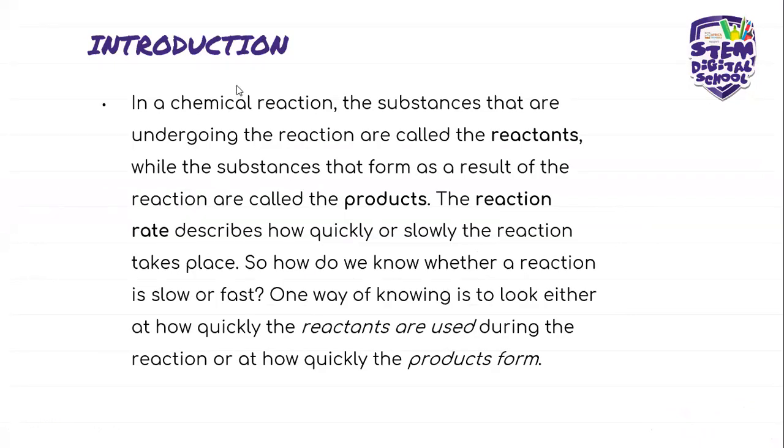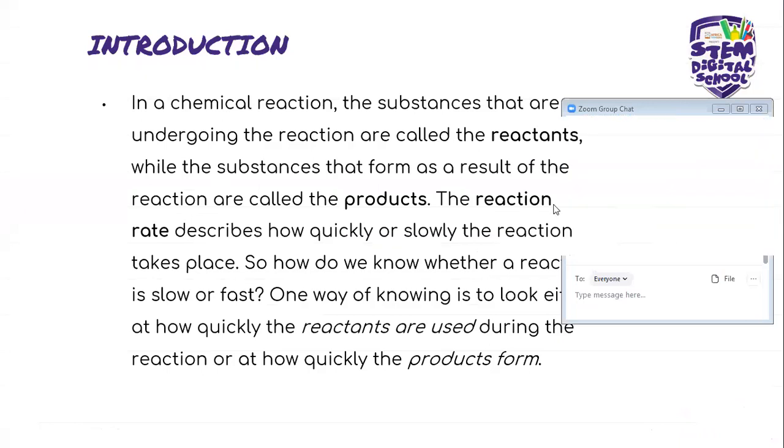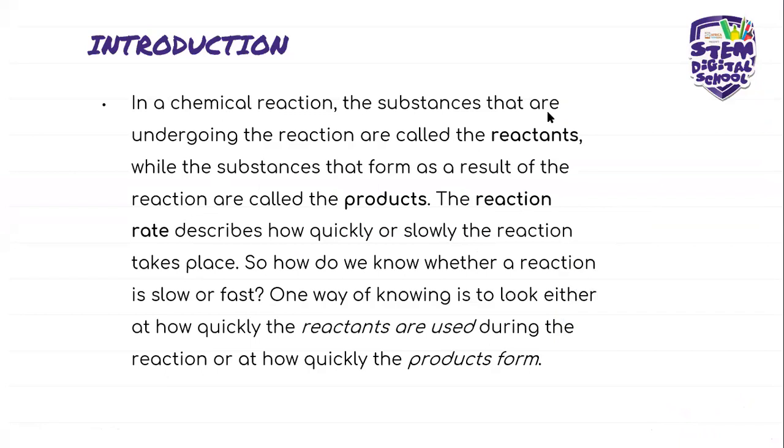So in a chemical reaction, what you need to know is that the substances undergoing a reaction are called the reactants, while the substances formed as a result of the reaction are called products. So when you have two reactants together, they basically form a product.